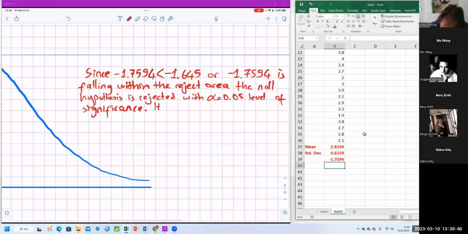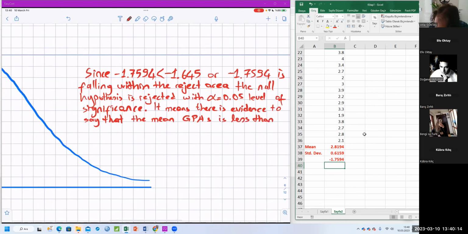It means there is evidence to say that the mean GPA is less than 3 with 0.05 level of significance.